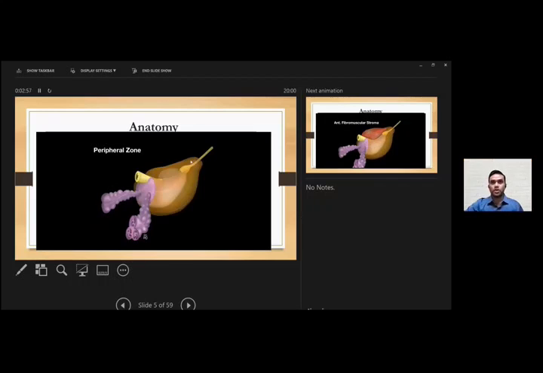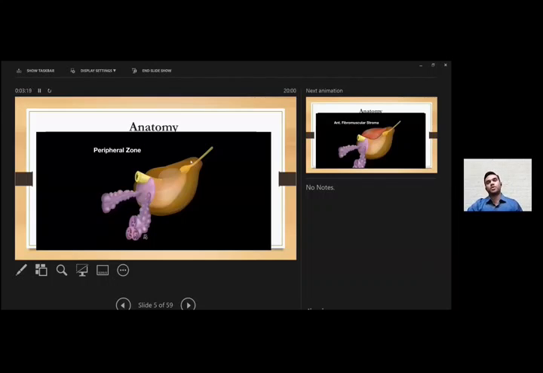Surrounding the central zone is the peripheral zone, which extends from the base of the urinary bladder up till the apex. Here we have to note that the central zone is still visualized at the base of bladder. So the topmost sections of the prostate will show a part of the central zone.